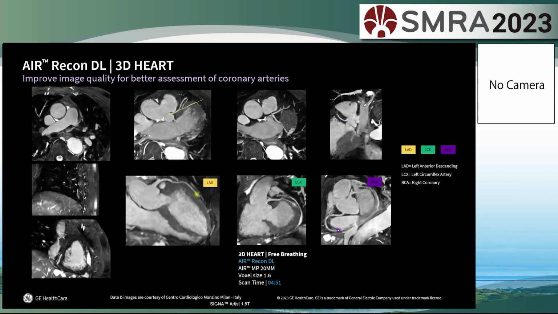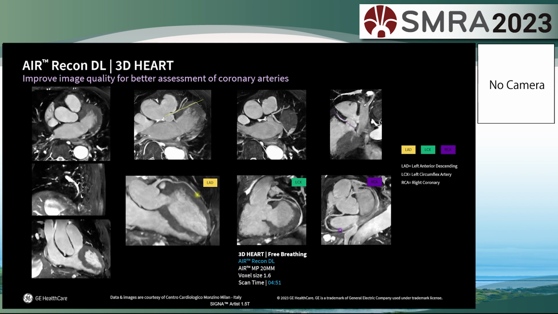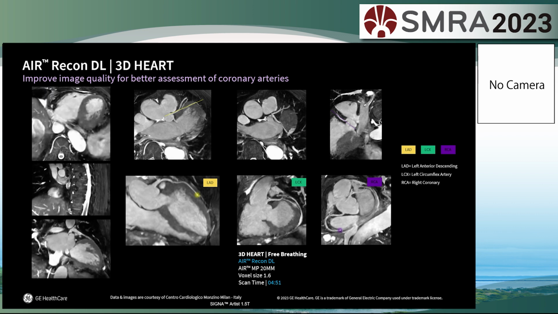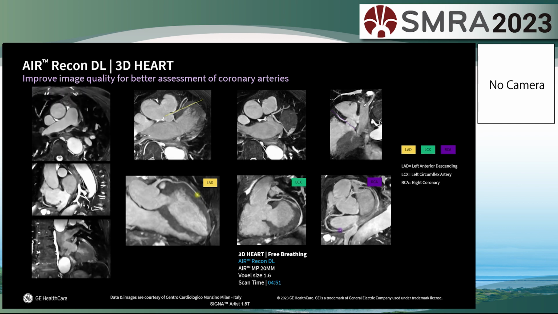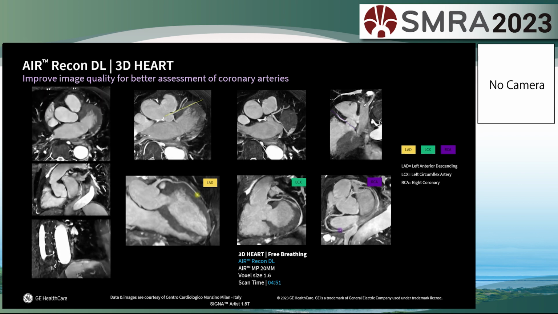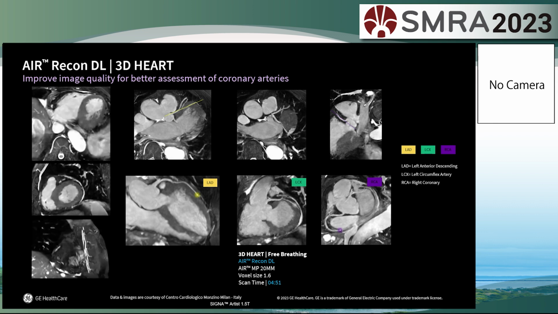In the next slides, I'd like to show some vascular-related images with AIR Recon DL. The first one is the AIR Recon DL with 3D Heart for coronary artery MRA. The AIR Recon DL improved the SNR of the coronary MRA source images, which could help the better conspicuity of the coronary arteries.